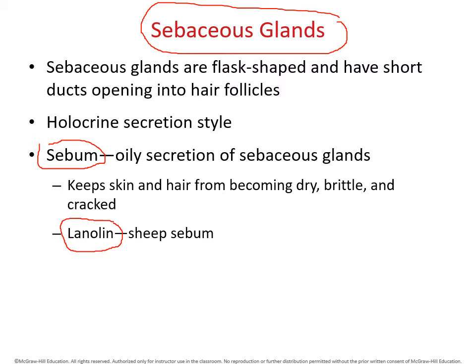Lanolin is sebum secreted from sheep, and it's actually one of the common ways that lotions get their lubricating ability. So isn't that interesting? We take the sebum from one animal and we slather it all over ourselves to help keep our skin nice and conditioned.